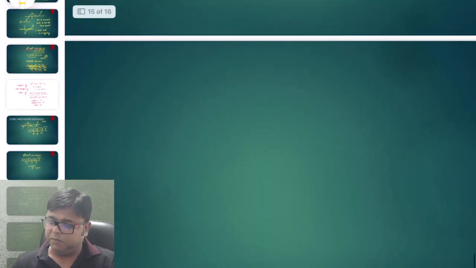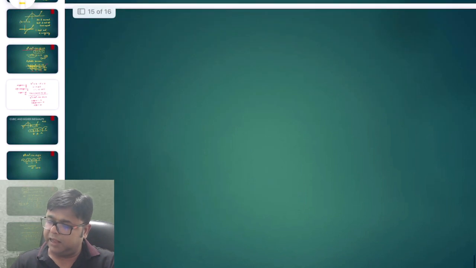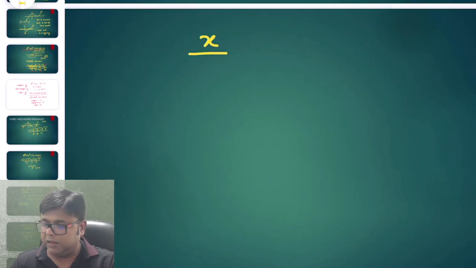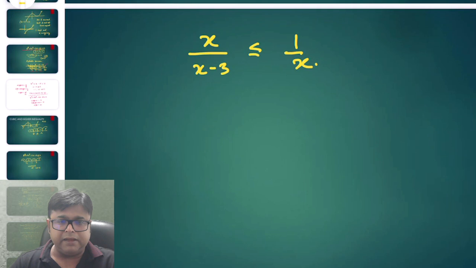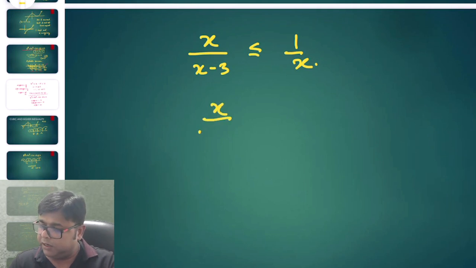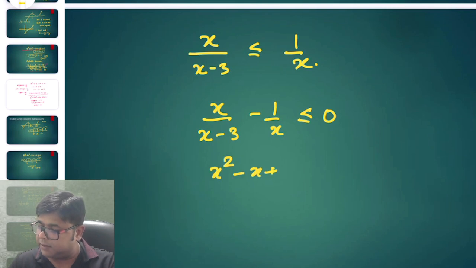Okay. Just one more case. Suppose I say I have x into (x minus 3) is less than or equal to 1 by x. If I have an inequality of this form, never cross multiply again. Bring the expression to the left and then take the LCM, x square minus x plus 3, x into (x minus 3).